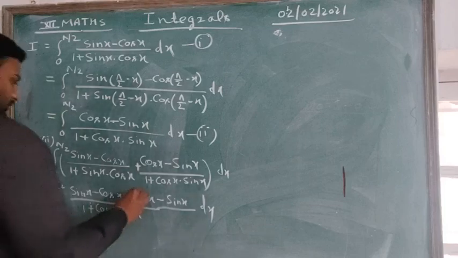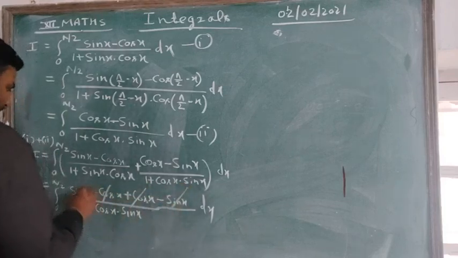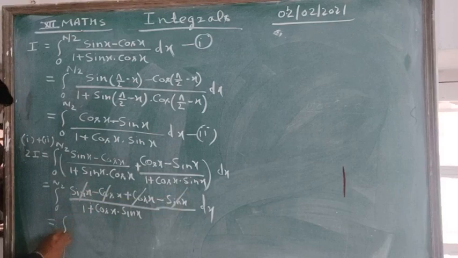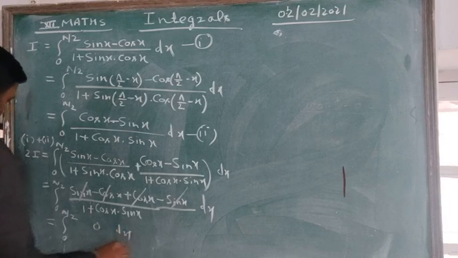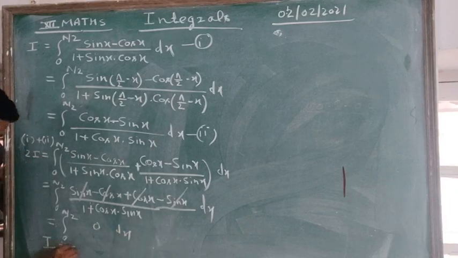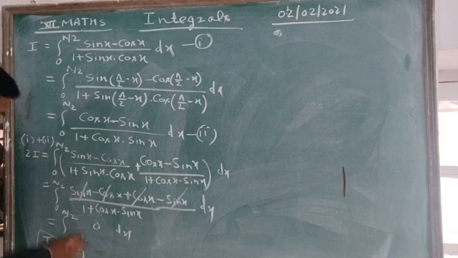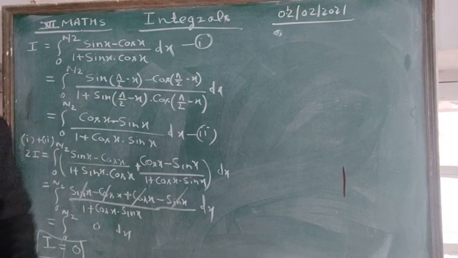Okay, students, so this part is cancelled and this part is cancelled. So from 0 to pi by 2, we are getting 0 here. So our I is equal to 0. This will be our required solution.